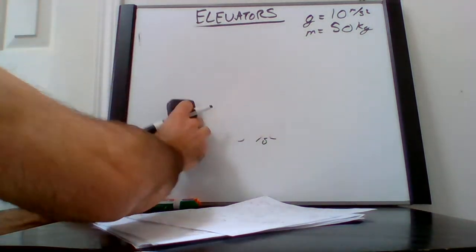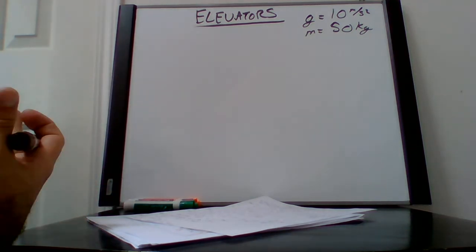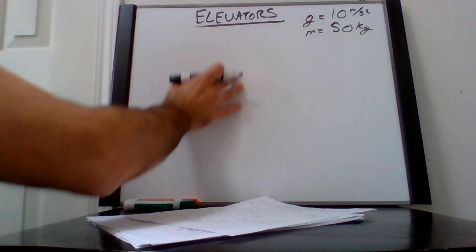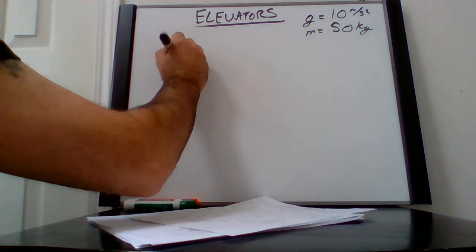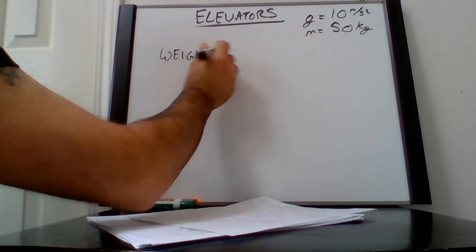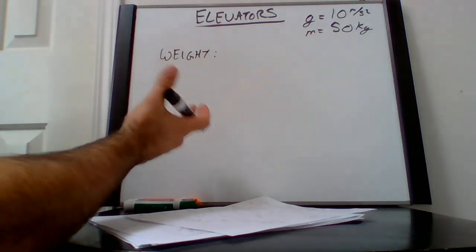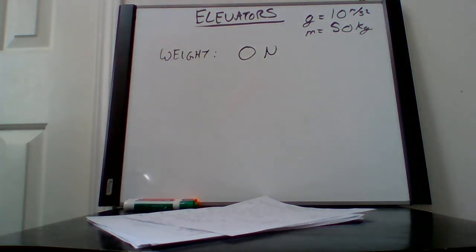All right, part F, we are in free fall. So in free fall, we are falling at the same speed as the elevator, right? And so in this case, the floor of the elevator is not putting any force on us, and so we actually have 0 newtons, right? This is where we talk about weightlessness. If we're in free fall, we experience this weightlessness, okay?